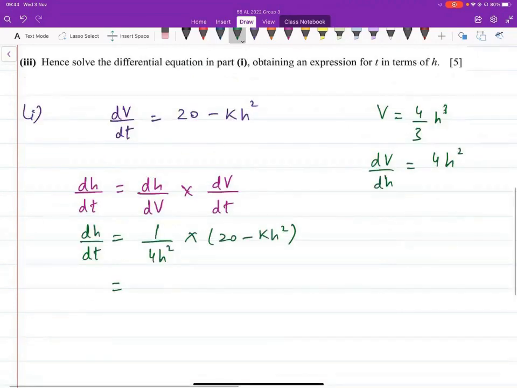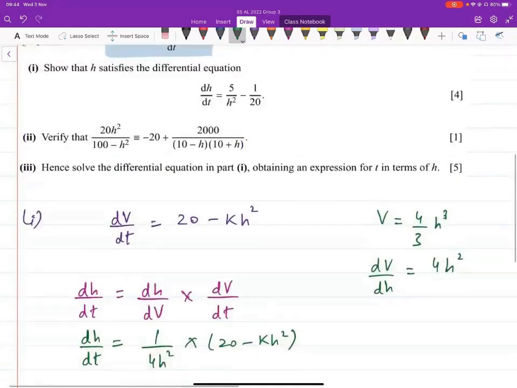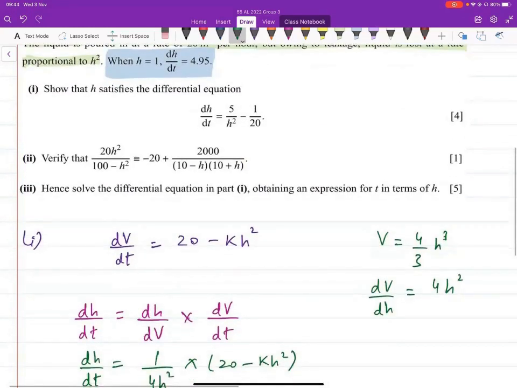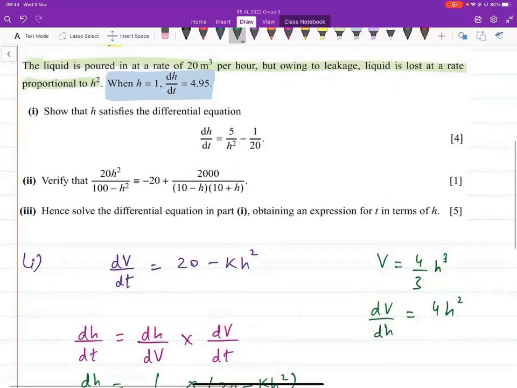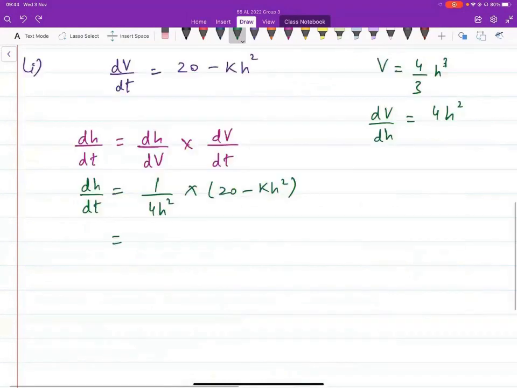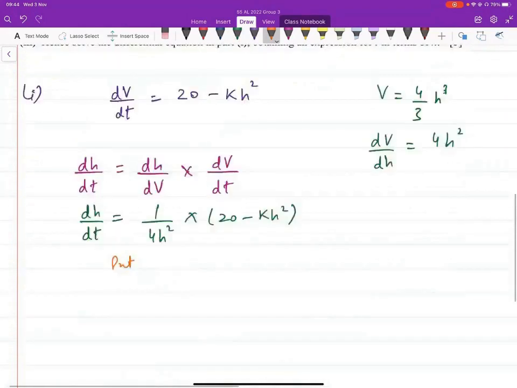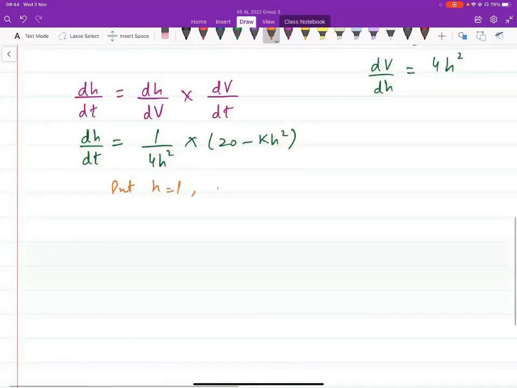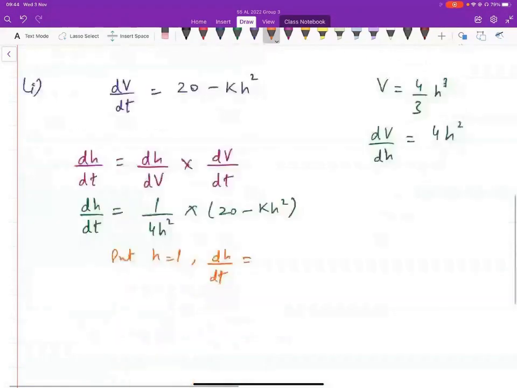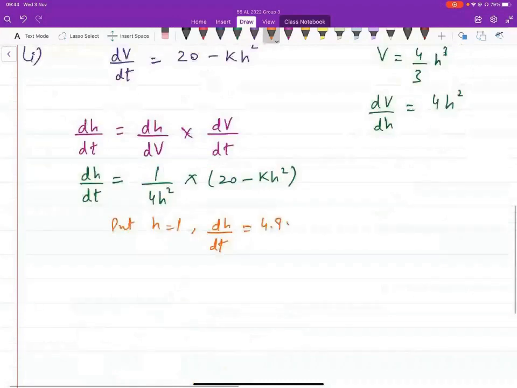But now we have to find the value of k from there. We're given a point: when h is 1, dh over dt is 4.95. Okay, we have a point. We input that there and find the value of k. Let's input h equals 1 and dh over dt equal to 4.95. He had told us that.